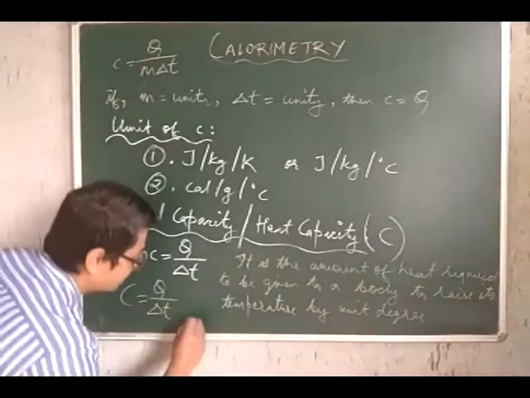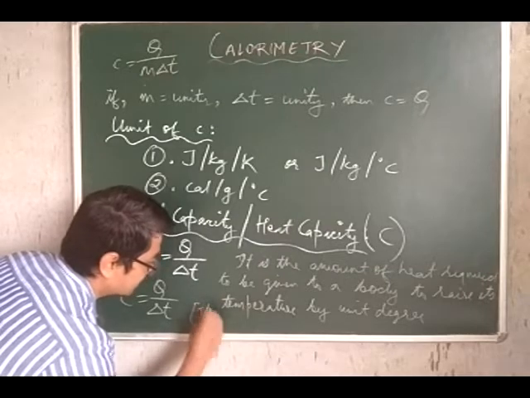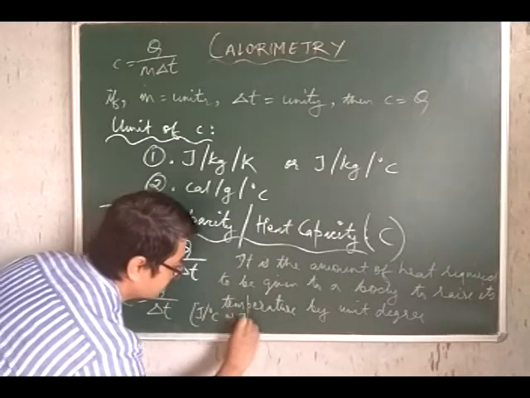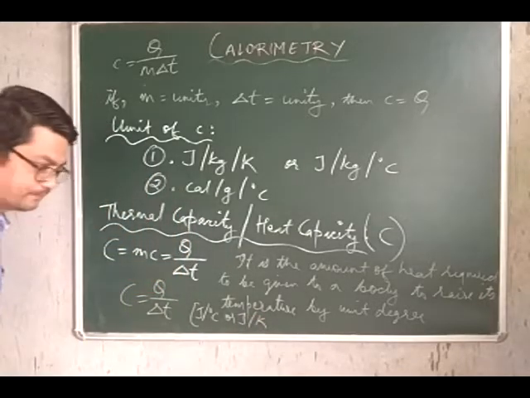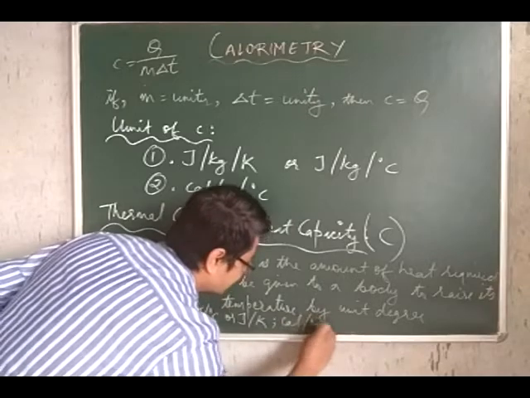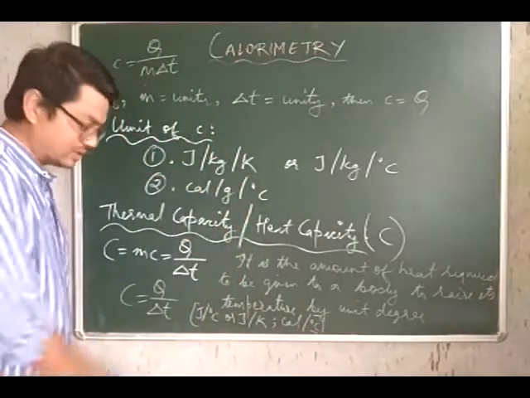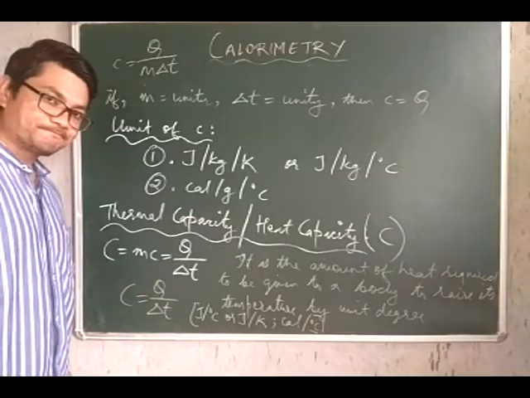So unit will be, let me write over here, joule per degree C or joule per Kelvin will also do. The other unit could be calorie per degree C. So this is the unit for thermal capacity or heat capacity, remember.